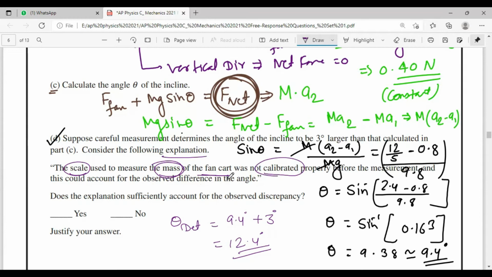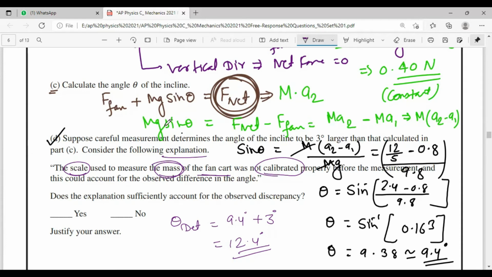So basically, due to the error in measurement of mass of the fan cart, this error is coming. 3 degrees larger is the error. The question is asking, does the explanation sufficiently account for the observed discrepancy? So is it true to say this?